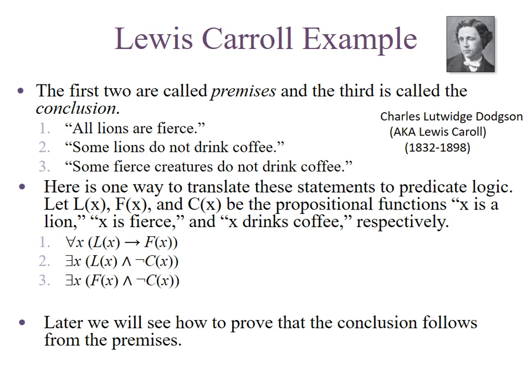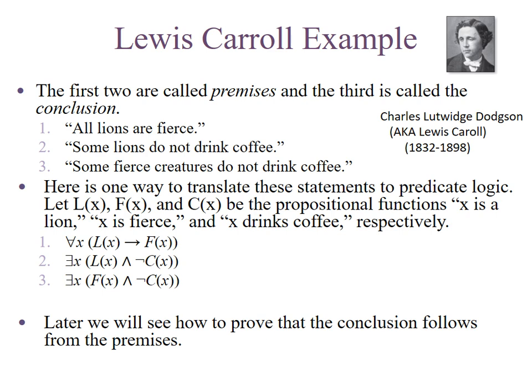That means all lions. Some lions do not drink coffee. For some, they share the same properties. This is lions and this do not drink coffee. So for some x, L of x and not C of x.